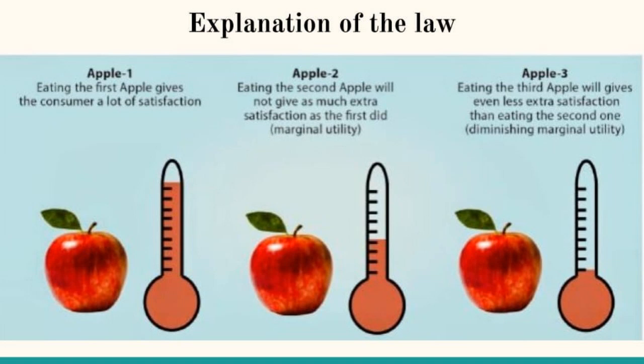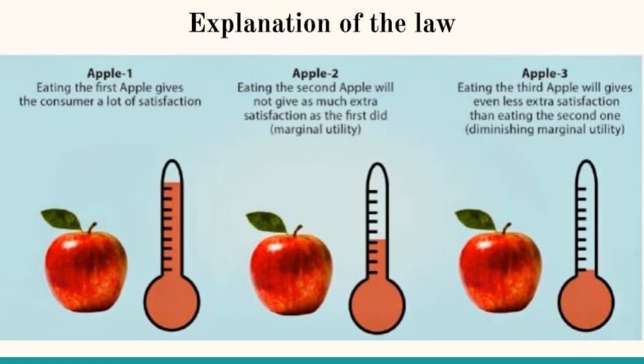In this image, you can see that when the consumer is consuming the first apple, eating the first apple is giving the consumer a lot of satisfaction. Here the red mark is showing you the level of satisfaction that the consumer is getting from that particular unit of apple. Further, when the consumer is consuming the second apple, it is providing not as much extra satisfaction as the first apple did.